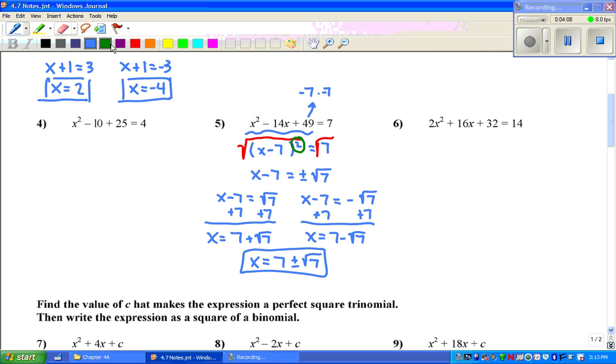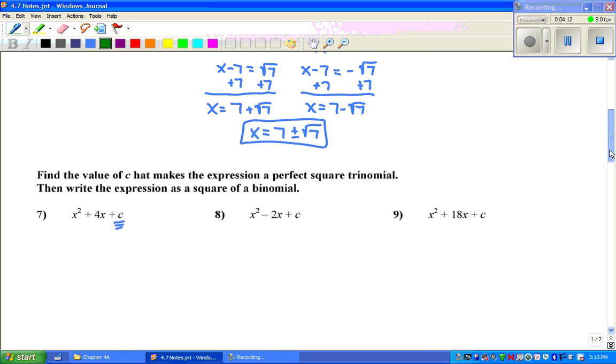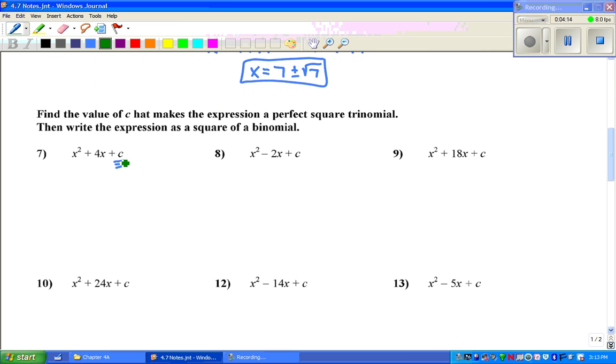This is what we're going for, a square of a binomial. So we're going to see how I can find this C value so that I can get this square of a binomial. We know that we have ax squared plus bx plus c, where my numbers are my a, my b, and my c.